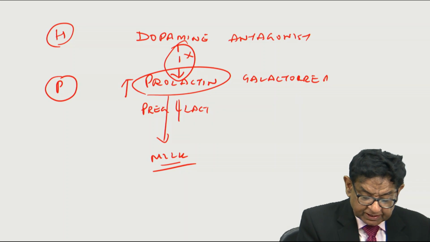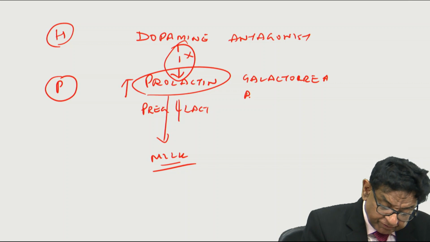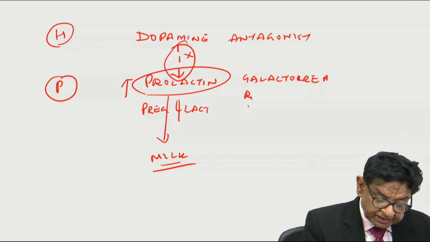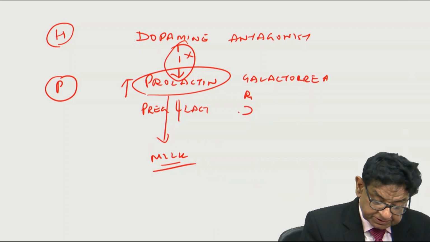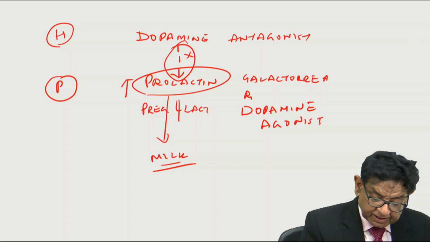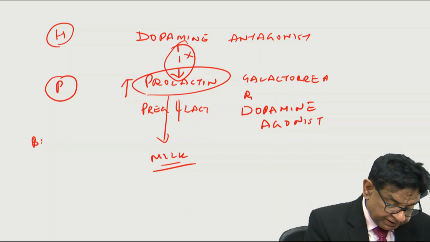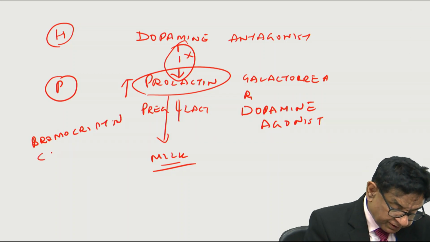So any dopamine antagonist will lead to galactorrhea, and in the treatment of galactorrhea, we use dopamine agonists. The commonly used drug which we use to treat galactorrhea is bromocriptine, and we also use cabergoline.